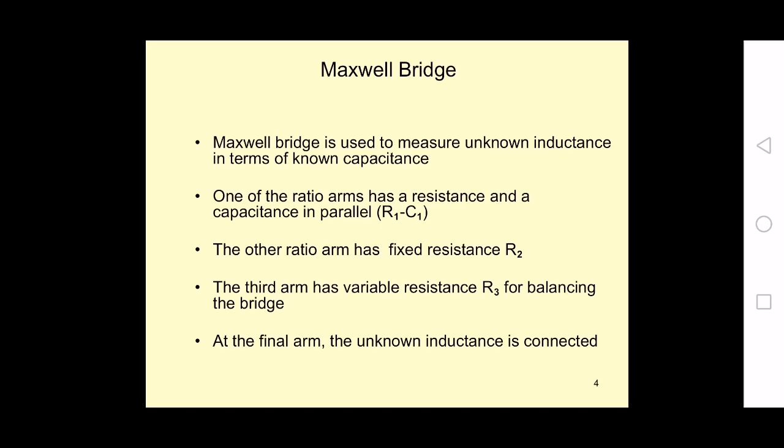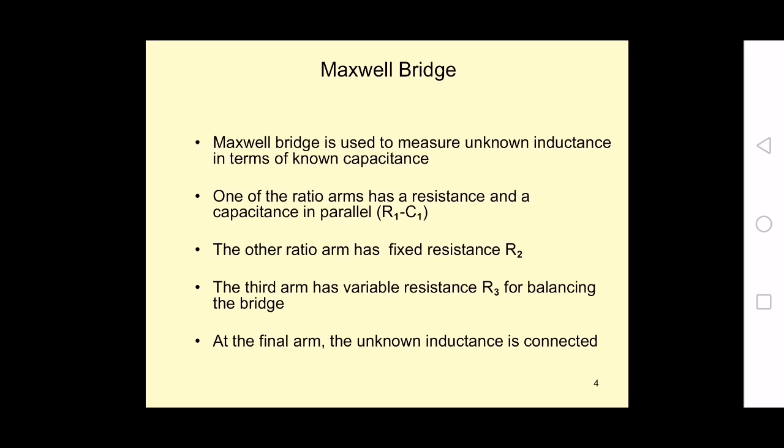In the ratio arms, the first ratio arm consists of a resistance and a capacitance in parallel, that is R1 in parallel with C1, where R1 is variable, and the other ratio arm has a fixed resistance R2.